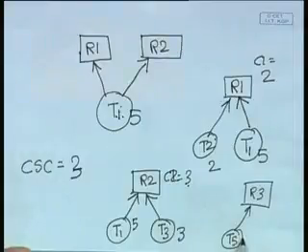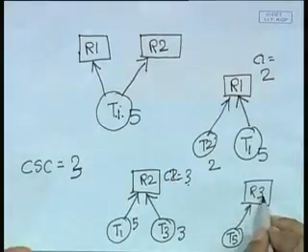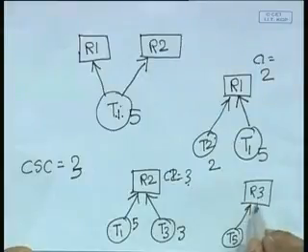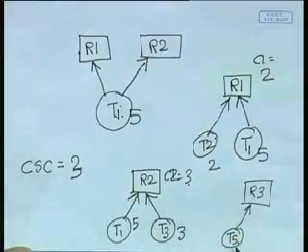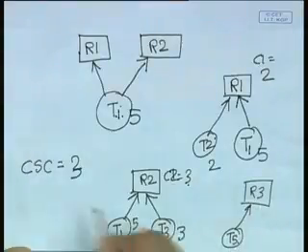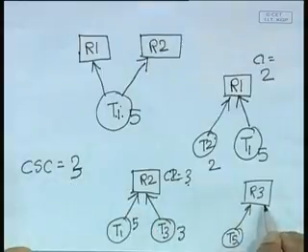So, if T5 requests R3, T5's priority will be checked with the current system ceiling, and if its priority is less than the current system ceiling, it will be prevented from acquiring the resource that it needs.